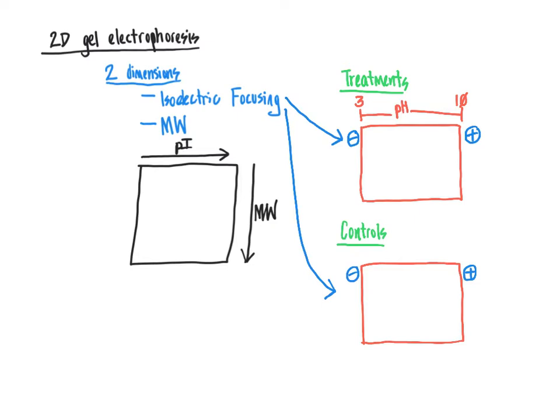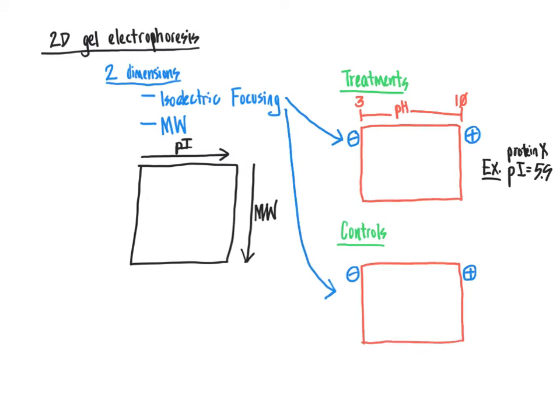And then across this pH range, once we have loaded our proteins, say a particular protein, which we'll call protein X, has a pI value of 5.5.